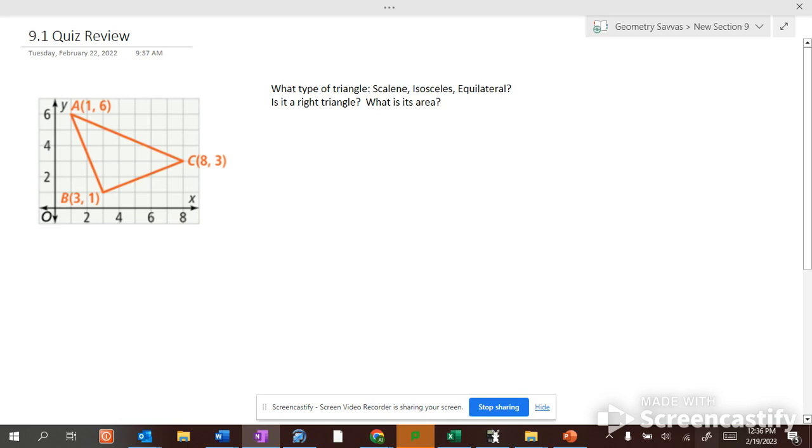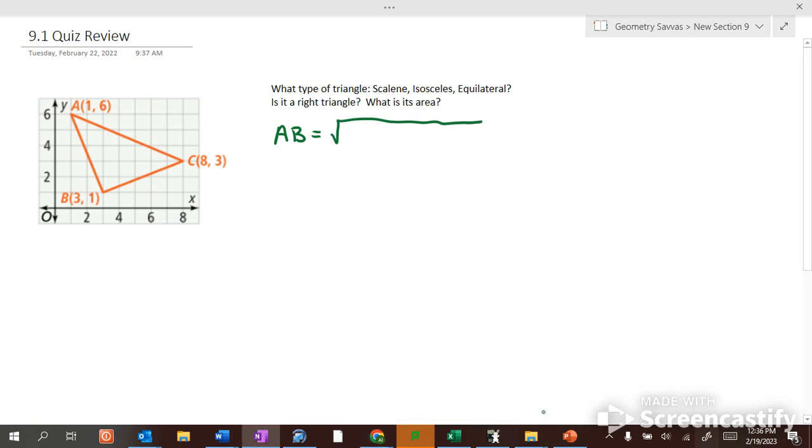Scalene, isosceles, or equilateral? Well, looking at it, it does not look equilateral. So if we measure all the sides, do the distance formula for all the sides, we can figure out what kind of a triangle it is. AB. Now, here's the shortcut to the distance formula. Normally you take x2 minus x1 squared, y2 minus y1 squared.